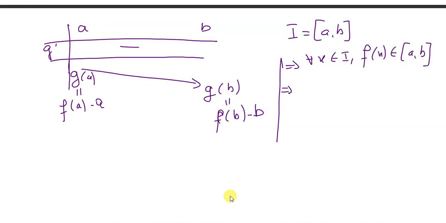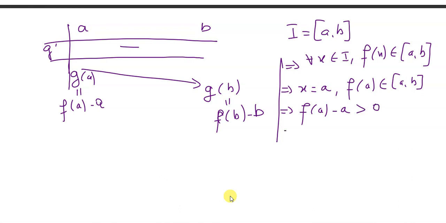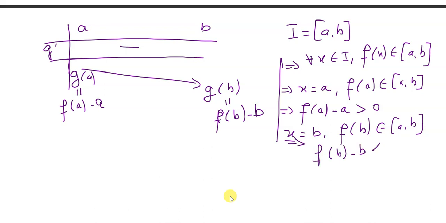So, if x equals A, this means that f of A belongs to AB, and it means that f of A minus A is positive. Also, if we consider x equals B, so f of B belongs to AB, and then we can conclude that f of B minus B is negative.